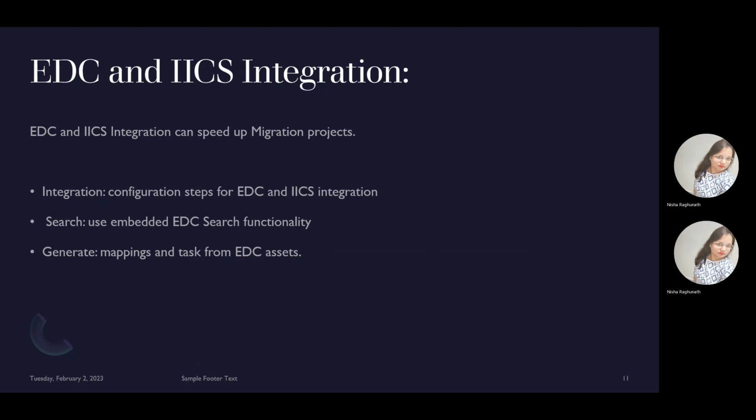Use the embedded EDC search functionality. There is some Enterprise Data Catalog functionality available that you have to use to search and use the assets and to generate the mapping, and for the corresponding mapping you have to generate the task from the EDC. Those also we'll learn in our coming sessions.